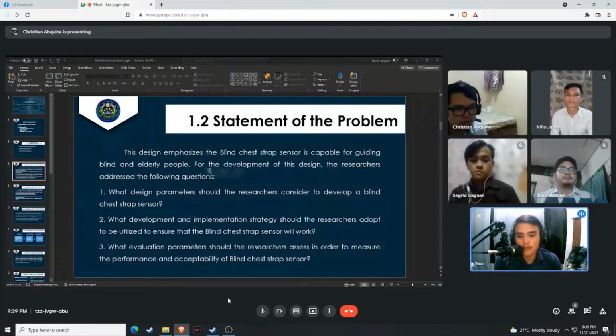Second, what development and implementation strategy should the researchers adopt to ensure that the blind chest strap sensor will work? And last, the third one is, what evaluation parameters should the researchers assess in order to measure the performance and acceptability of the blind chest strap sensor?